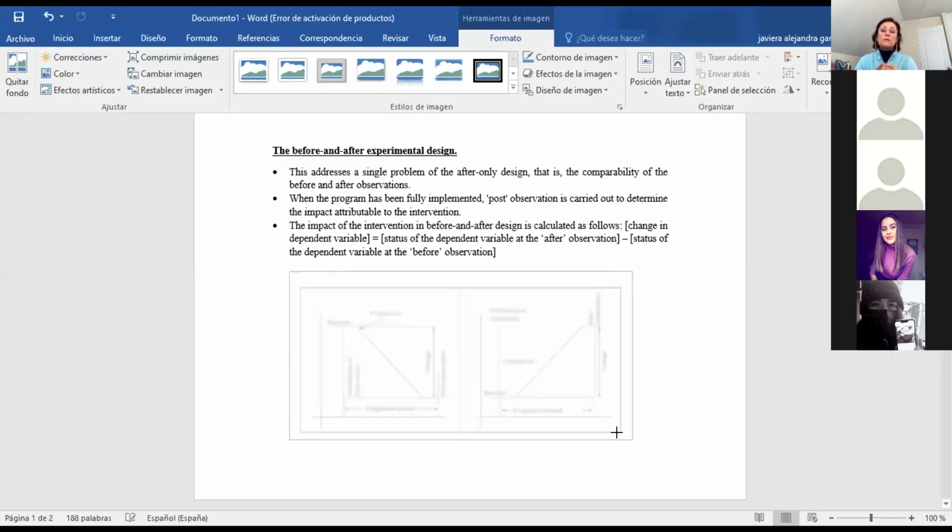The first, yes, pre-post. So pre and post is a very common design in education. It's very ad hoc to education. Teachers normally do pre and post. Pre and post designs are really easy to do. Teachers will have a diagnostic, for example, from students, then teach something and test them again.